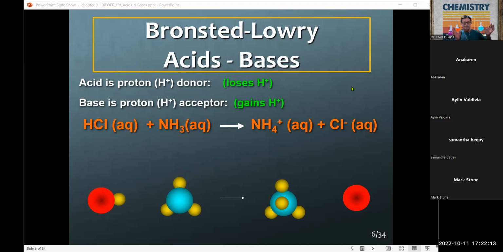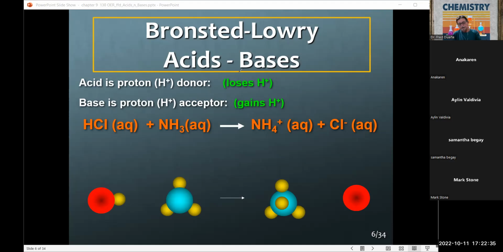And that didn't work for a lot of compounds that acted as a base but had nothing to do with hydroxide. And so the new definition is as follows. They kind of share the same definition for an acid. In both cases, you are generating a proton to make an acid.